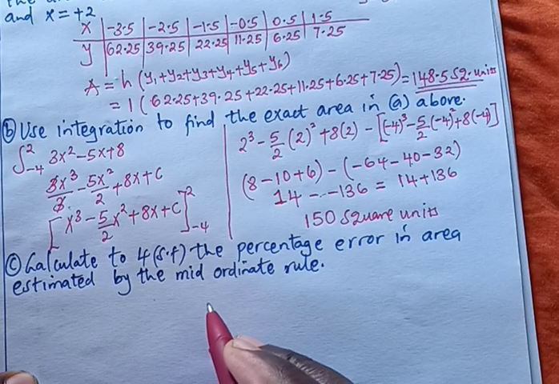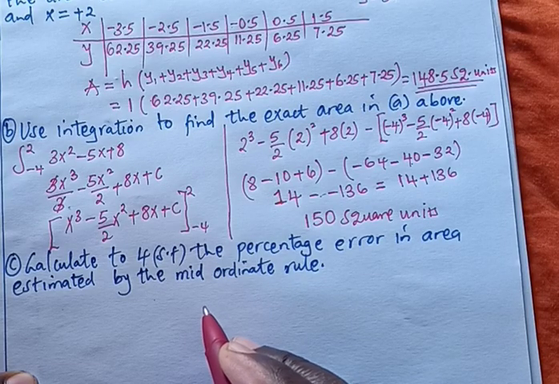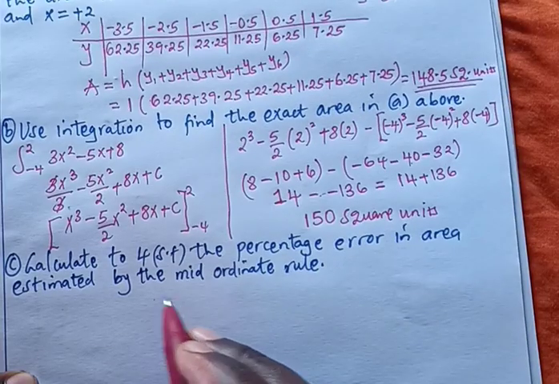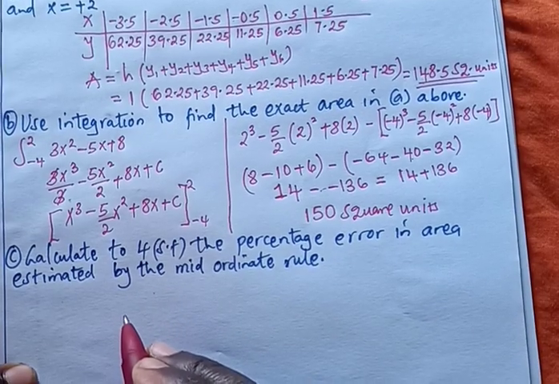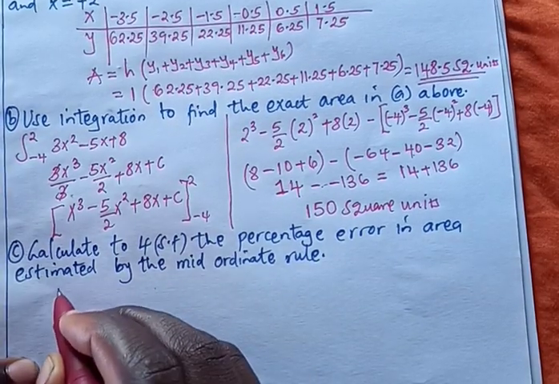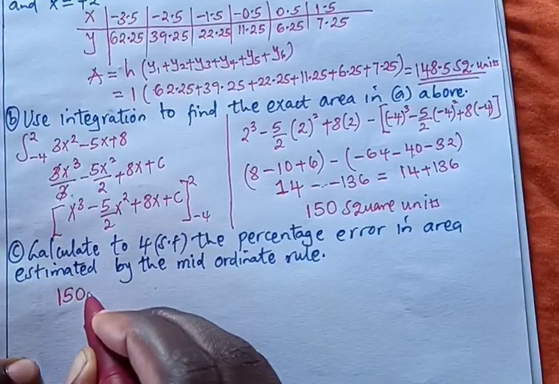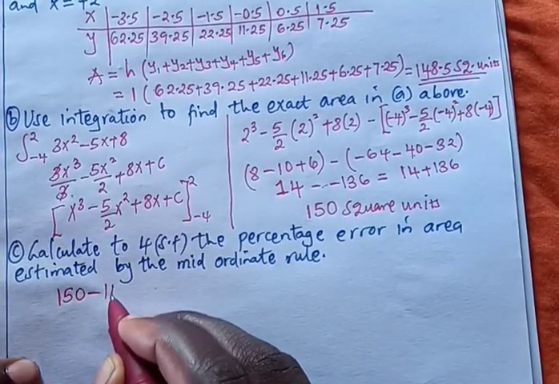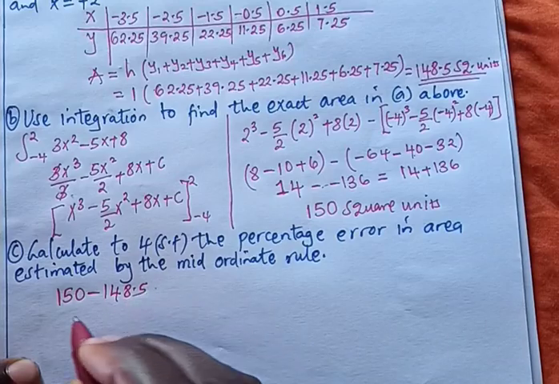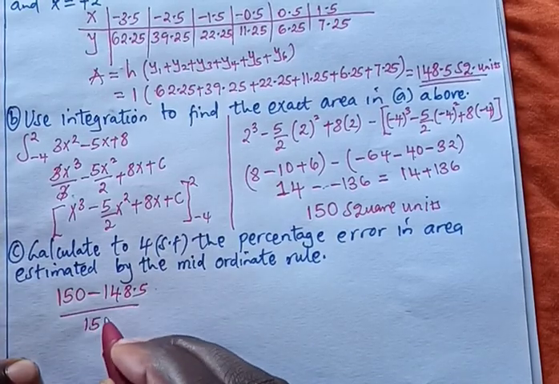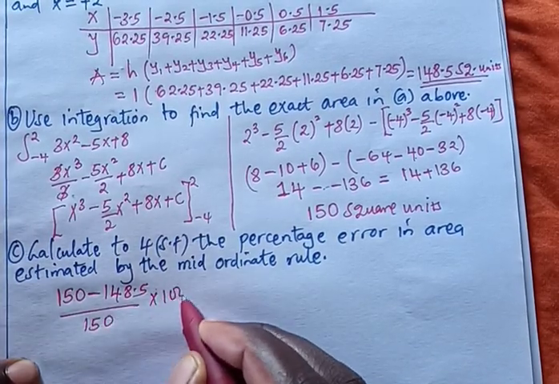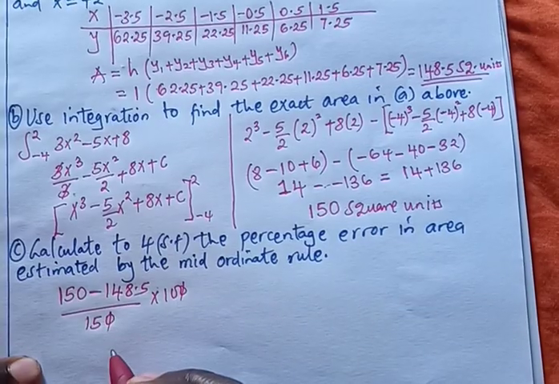We divide by the same area, that is the exact area, and then we multiply by 100. It's going to give us the percentage error. The exact area is 150. You take away 148.5, then you divide everything by 150, you multiply by 100, you cancel the zeros.